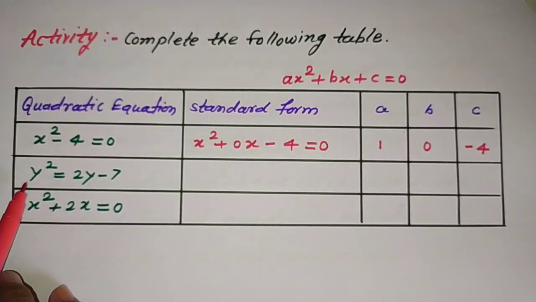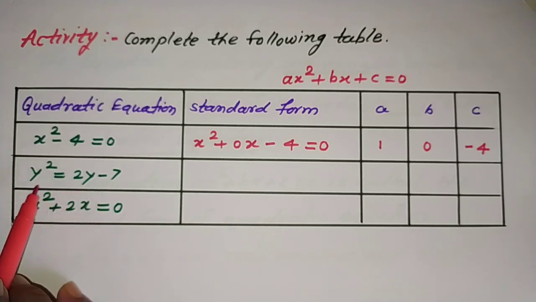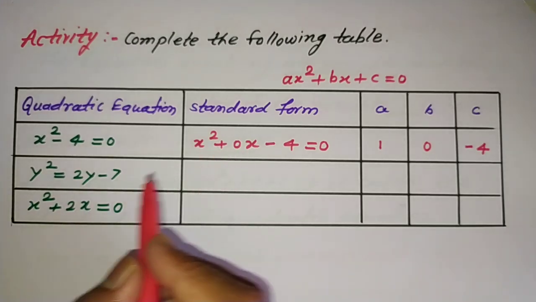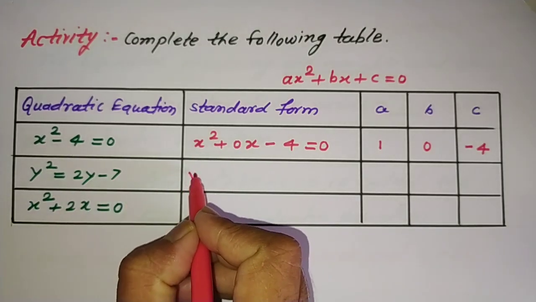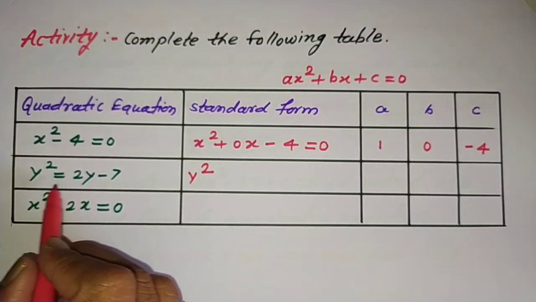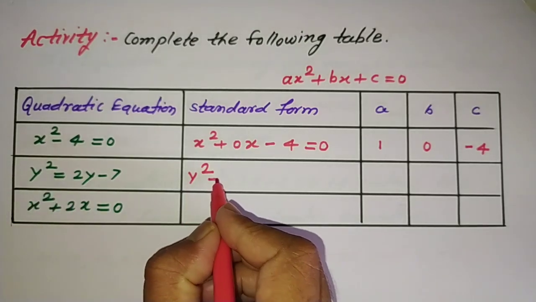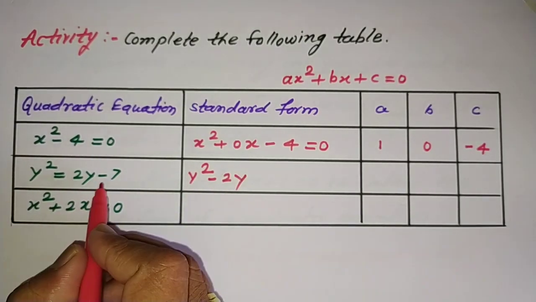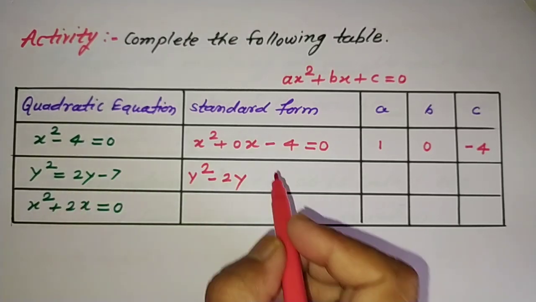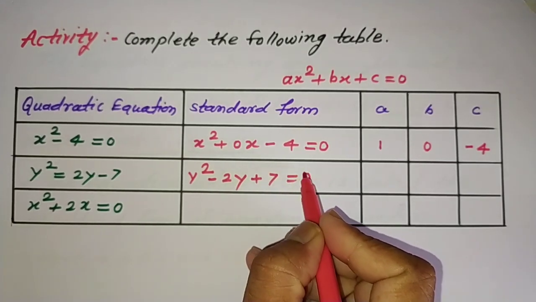Second quadratic equation: y square is equal to 2y minus 7. Write this equation in standard form. First, y square stays, 2y goes to the left side, plus becomes minus 2y. Minus 7 goes to the left side as plus 7, so y square minus 2y plus 7 is equal to 0.